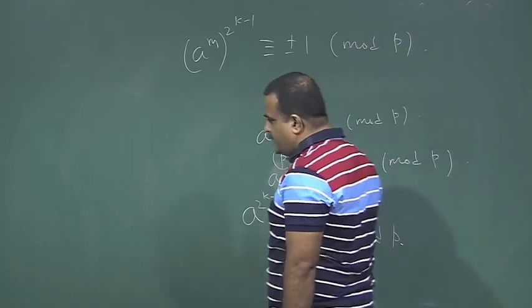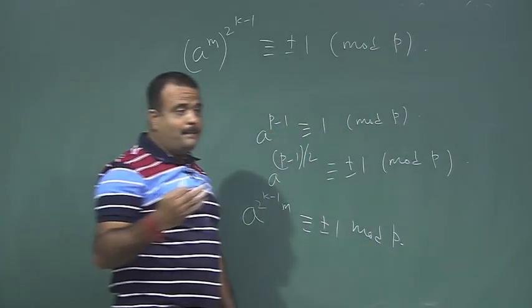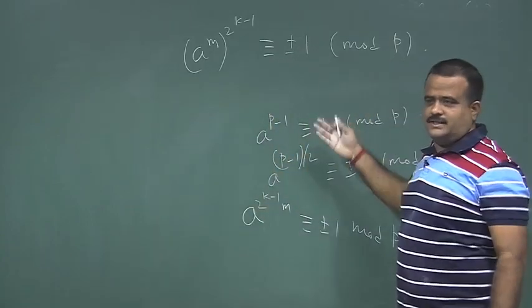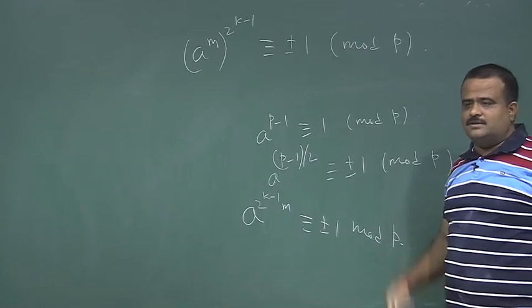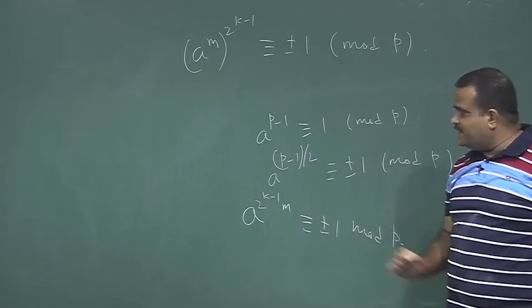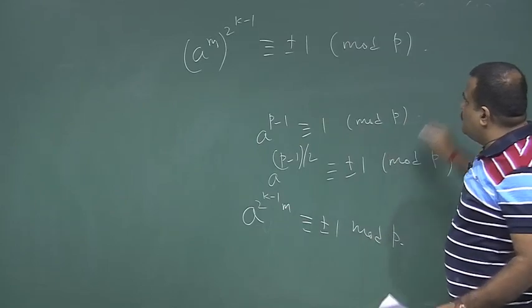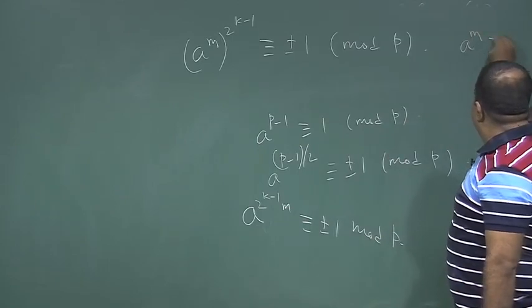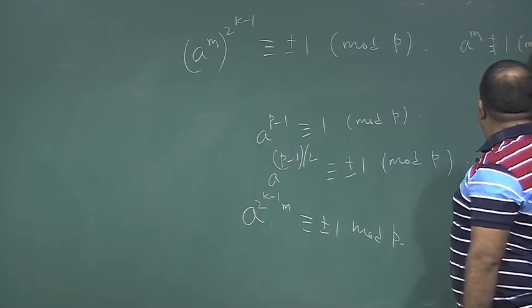So, this is the property of a prime. This is the necessary condition. If p happens to be a prime, it should satisfy this. If it is not satisfying this, then we can say p is not a prime number. So, that is the test basically. We check whether a to the power m is congruent to 1 mod p or not.